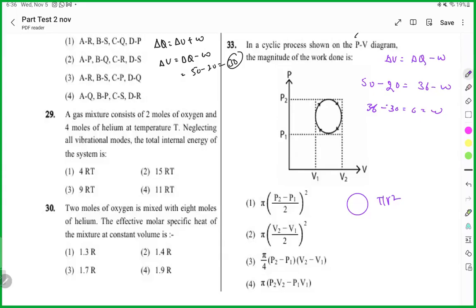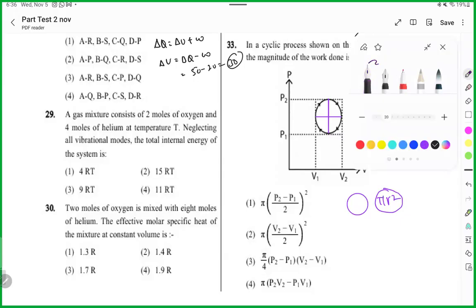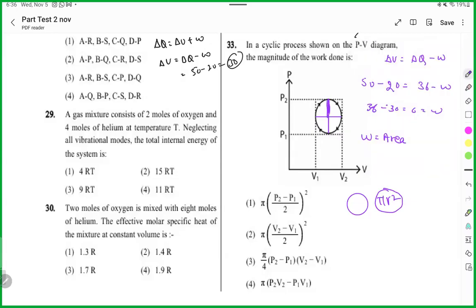So here pi r square is the method because I said if you have to calculate work done, how to calculate area under PV? What is the area? Pi r square. But here both r values are not the same. This r value will be different from this r value because one is the volume version, second is the pressure version.